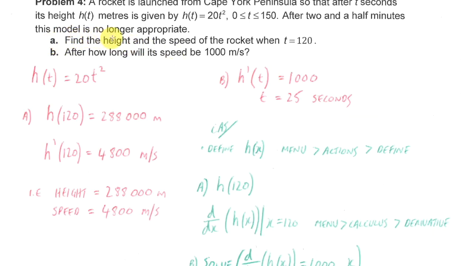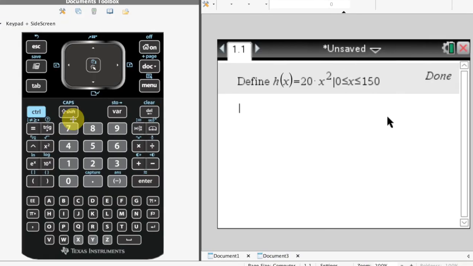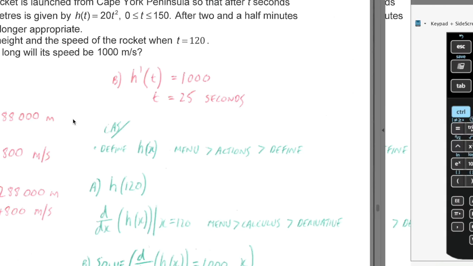In A, we need to find the height and also the speed for t equaling 120 seconds. So to calculate the height, I just substitute t equaling 120 into the h of t function. So I want h of 120. And there it is, 288,000 meters.